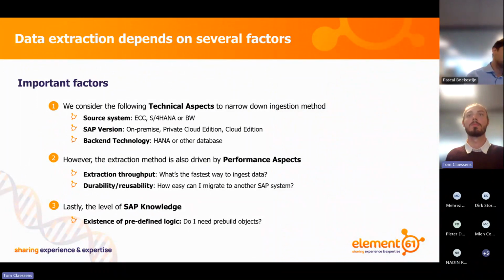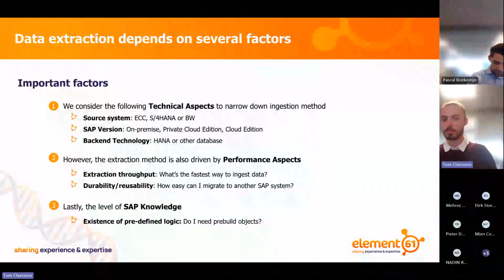So the technical aspect is already mentioned. So the source, what are we looking at? Is it still an old ECC? Is it an S4? Even the BW is possible to extract the data from. And then if we have determined what source system it is, there's also a version, especially when it comes to S4, where we have a public cloud and a private cloud with a different method of extracting the data.